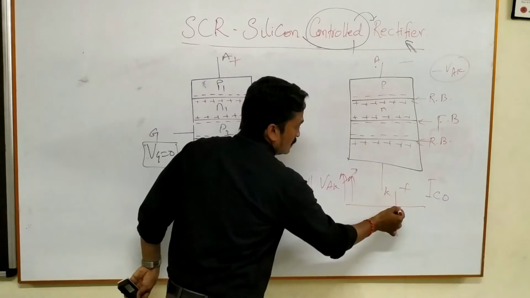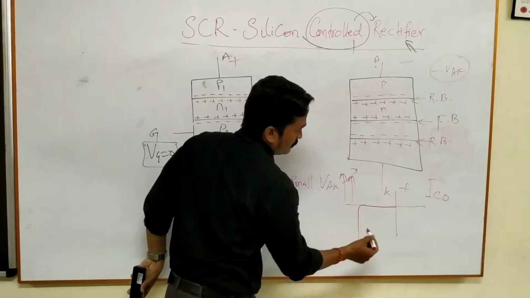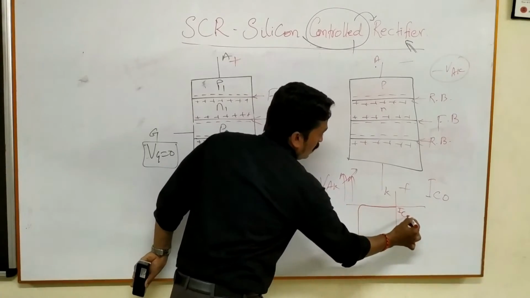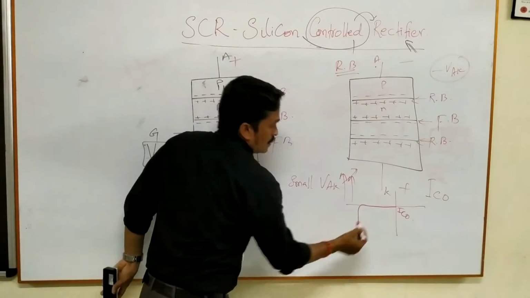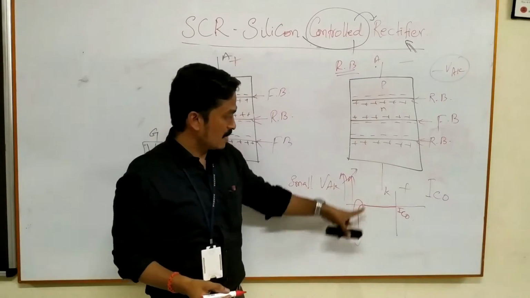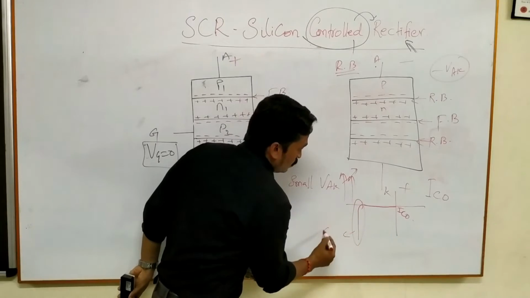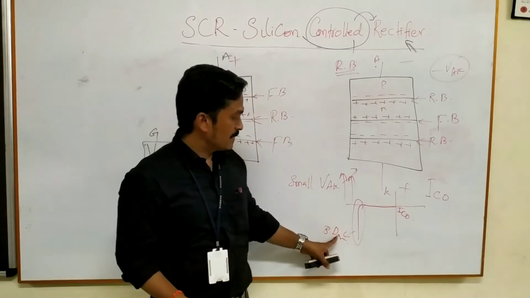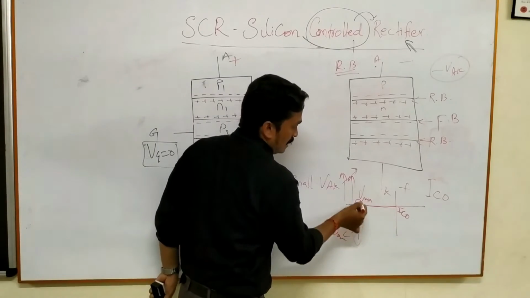I'll draw the graph neatly from the VI characteristics point of view. So as of now, assume that initially there is only a small amount of current because of the reverse bias. At one particular voltage, these two junctions will break down for a large voltage, and that is the breakdown voltage. This breakdown voltage is high, so V max, and only then do we have a current flow.